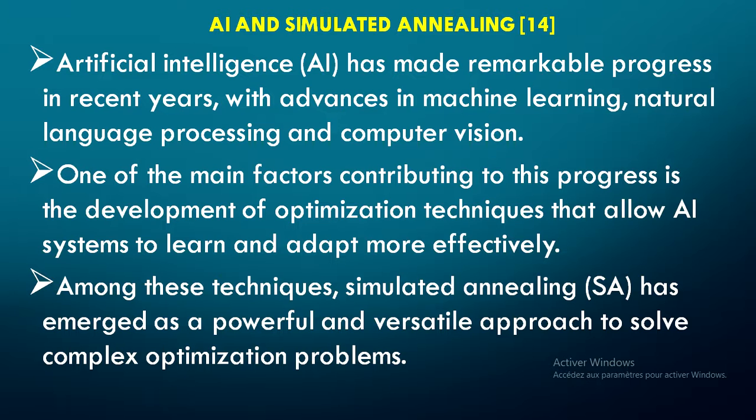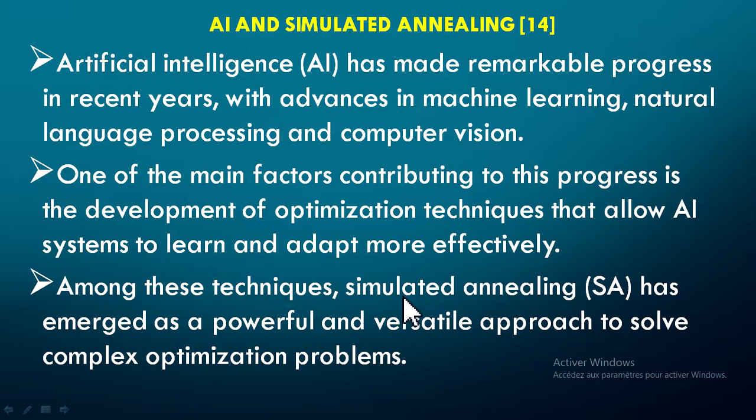Now I give a summary of artificial intelligence and simulated annealing. Artificial intelligence, abbreviated AI, has made remarkable progress in recent years with advances in machine learning, natural language processing, and computer vision. One of the main factors contributing to this progress is the development of optimization techniques that allow AI systems to learn and adapt more effectively.